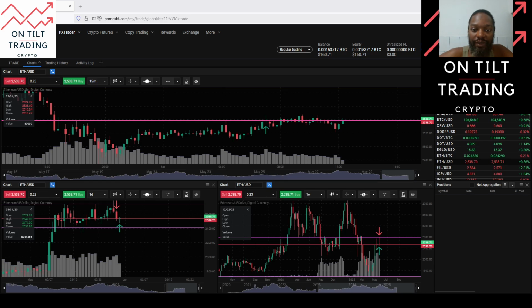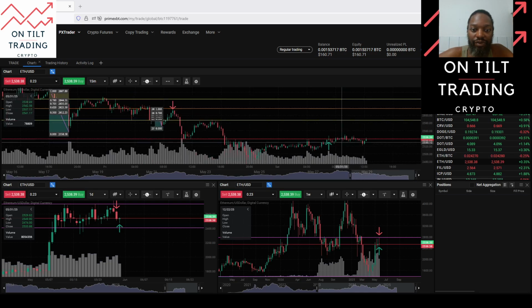And then in this candle here, we get the market structure shift, which would signal to me a higher probability of a reversal taking place here. This is where I took my exit. So this is what I'm seeing on Ethereum. This has been my trade from Friday that extended into Saturday.